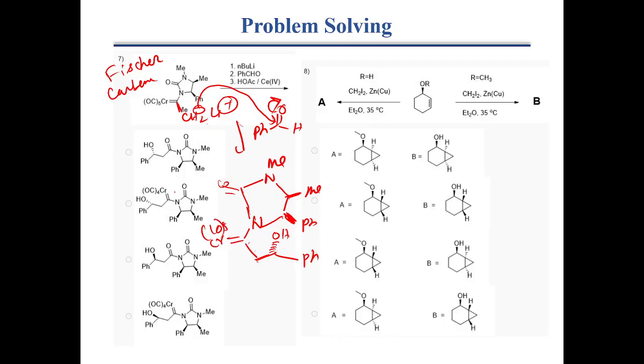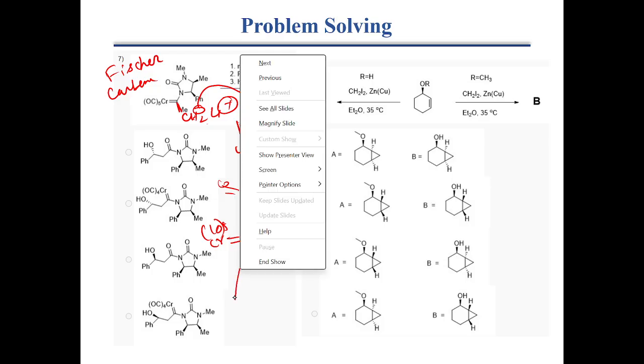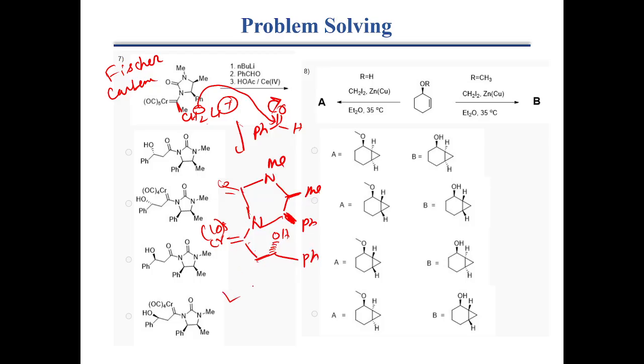Now this is treated with acetic acid. So under acidic condition, this chromium carbene gets cleaved to the ketone.